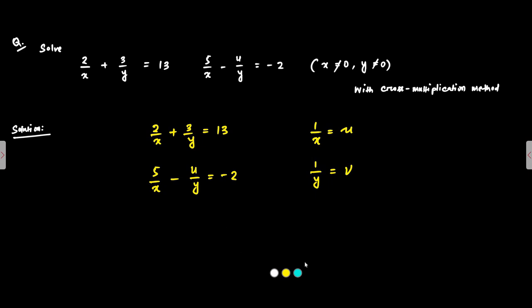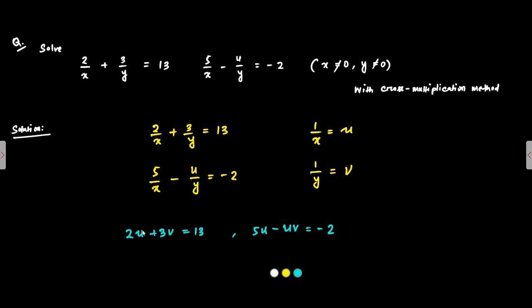These two changes we make in the equations to convert them into standard format. So when we make these changes, the equations change to 2u + 3v = 13 and 5u - 4v = -2.